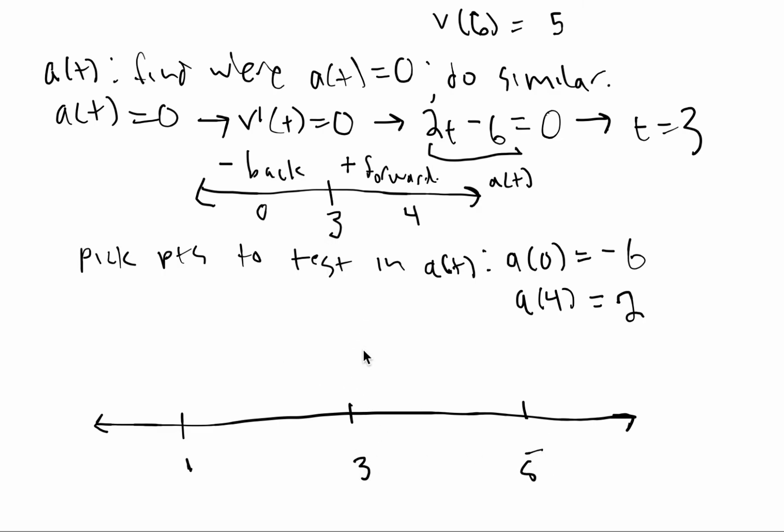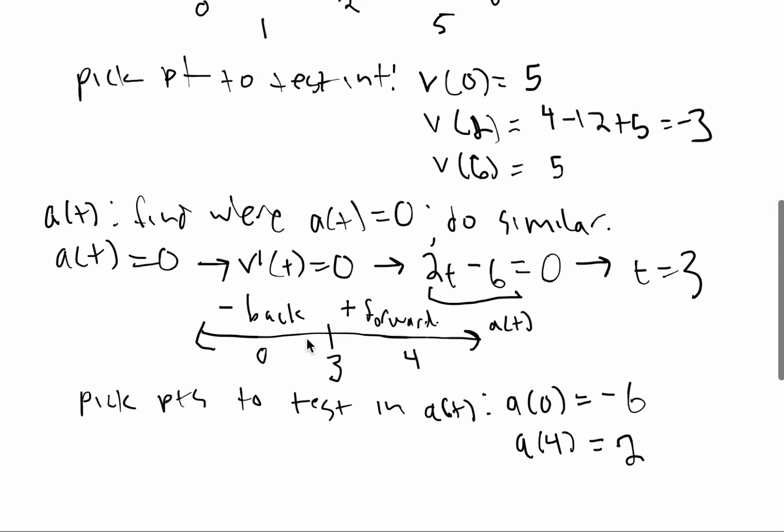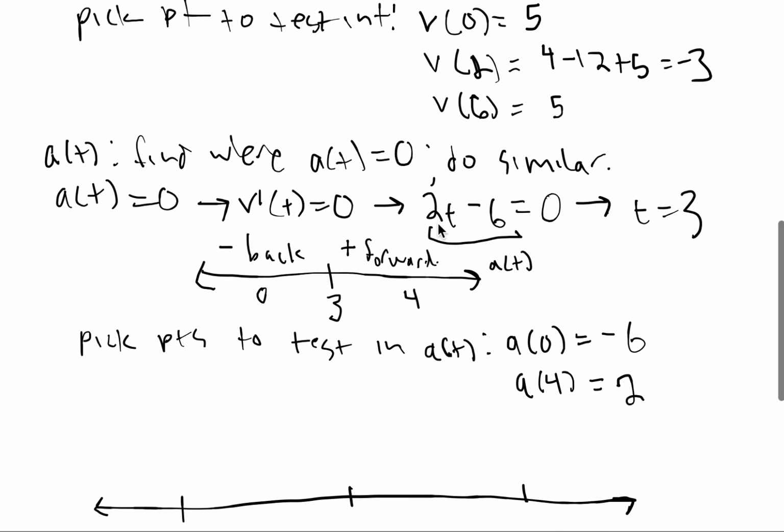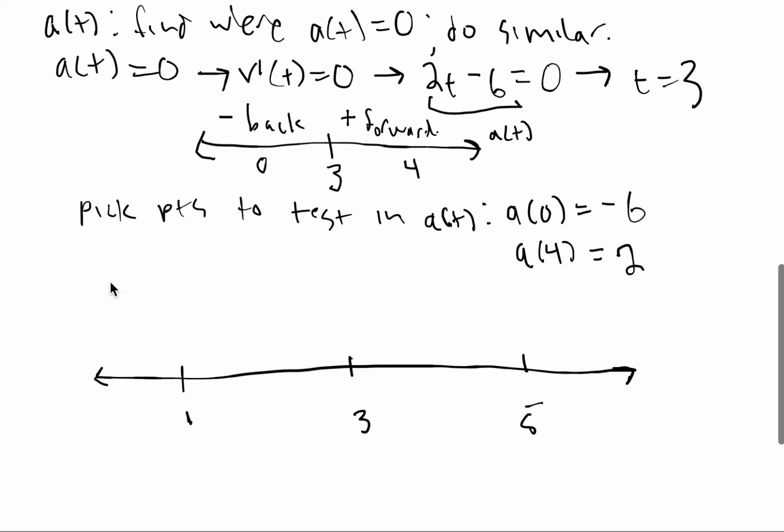Let's go back and take a look at what our information was here. Now, for my velocity function, it was positive before 1 and after 5. So I'll scroll back down and mark this. My velocity is positive before 1, and my velocity is positive after 5.